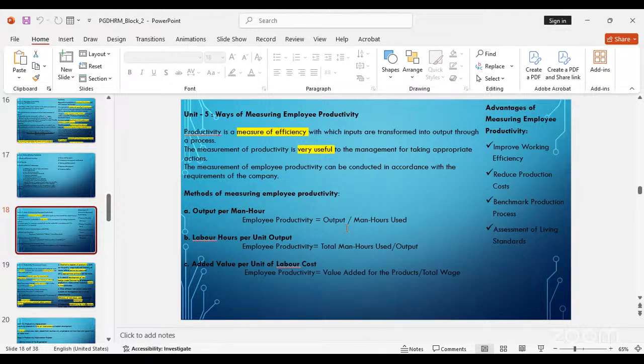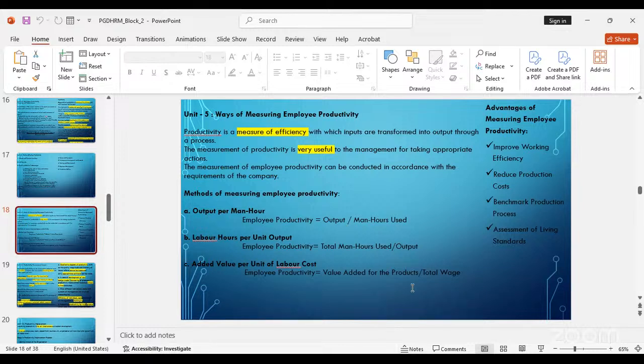The labor hours per unit method, or unit output method, is where productivity can be calculated by total man hours used divided by output. And added value per unit of labor cost: by using this method, employee productivity can be calculated by dividing value added for the product by total wages.